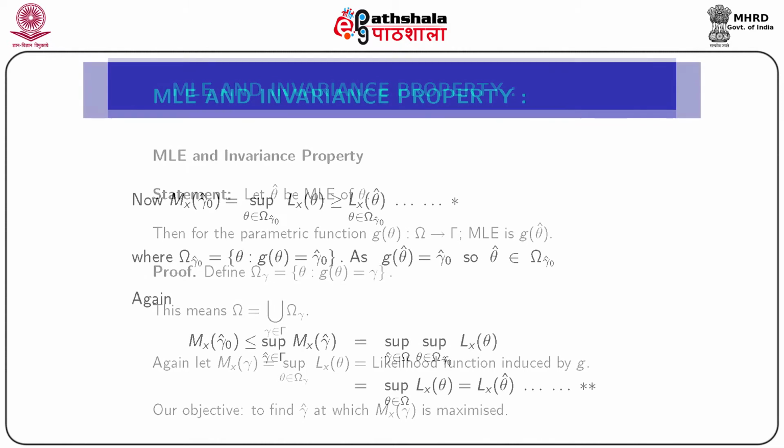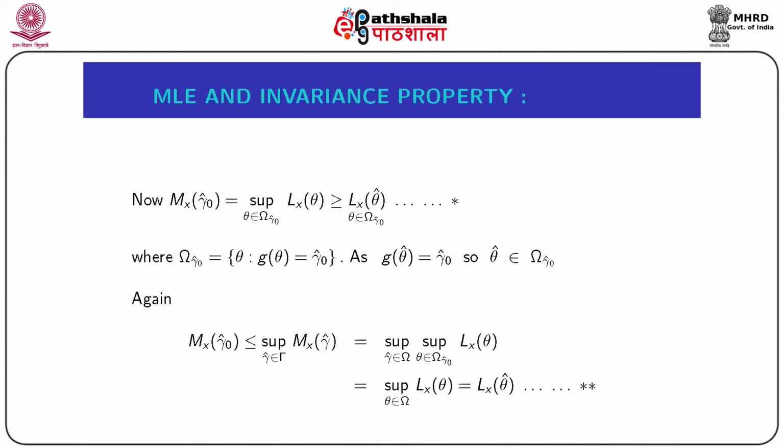Now, M_x at the point gamma naught hat is equal to the supremum of L_x(theta), theta belonging to omega_(gamma naught hat), where omega_(gamma naught hat) is the collection of those theta for which g(theta) equals gamma naught hat.